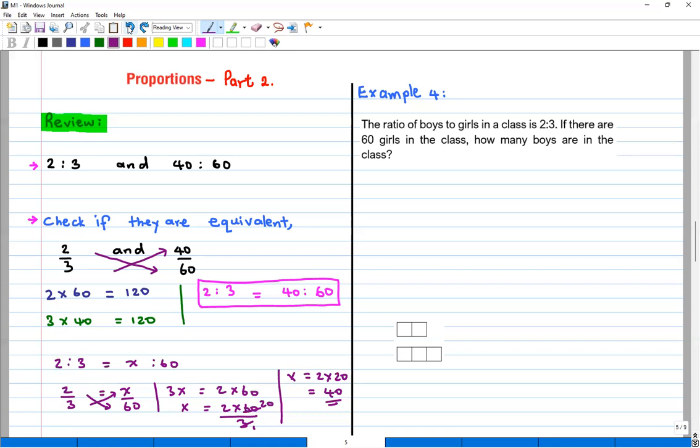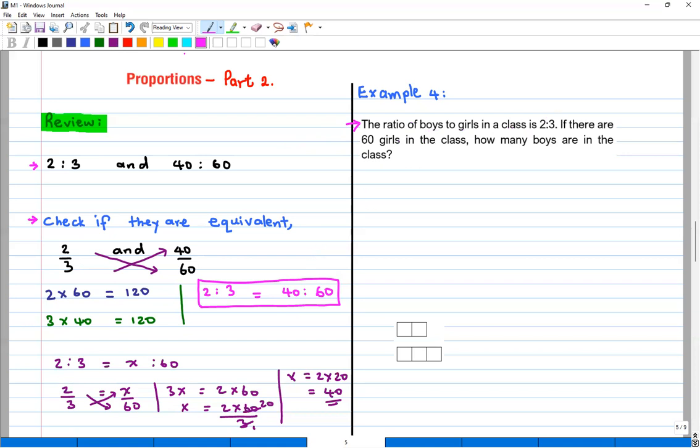Now, let us go ahead to example number 4. Remember, last time we stopped at example number 3. So let us talk about example number 4. The ratio of boys to girls in a class is 2 to 3. If there are 60 girls in the class, how many boys are in the class?